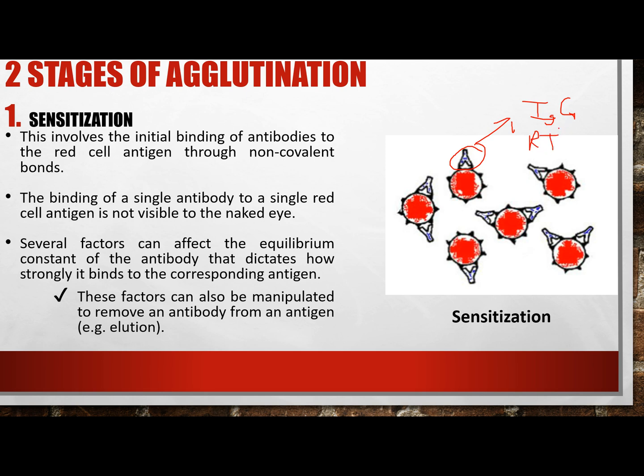Since this is IgG class and there's a change in temp, it's no longer the optimum temp of IgG, which is 37. Instead, it's in room temp. This will now cause elution. And when you say elution, this is where an antibody is removed from an antigen. So the antibody is no longer attached, but is now separated. So that's one factor on how the temperature could cause elution.